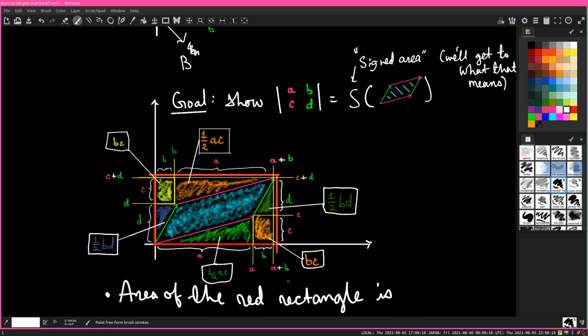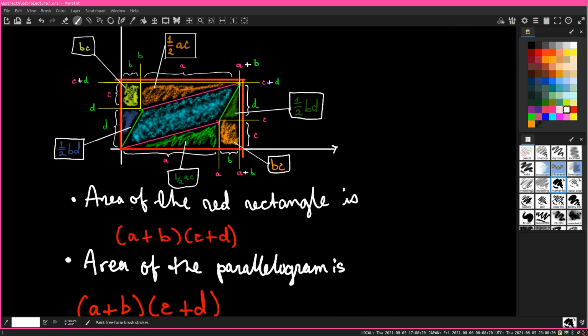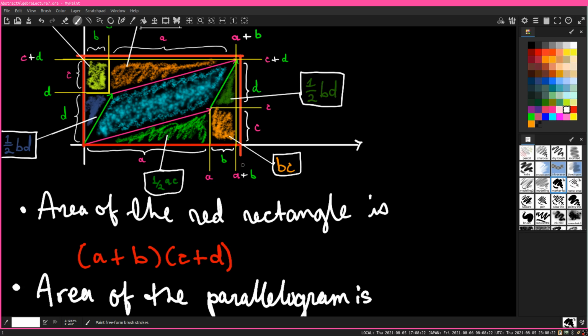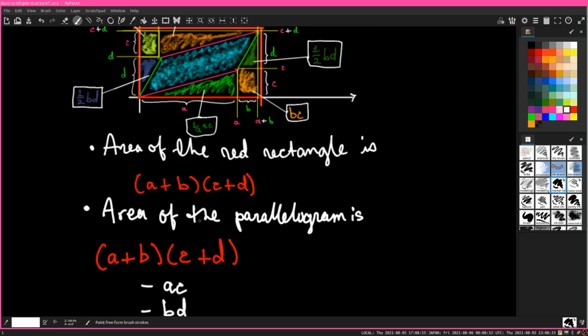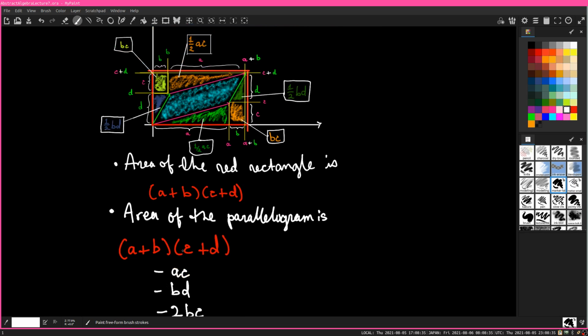All right, here's me doing it. The area of the red rectangle: this coordinate here is a plus b, and this coordinate here is c plus d, so it's (a plus b) times (c plus d). The area of the parallelogram is (a plus b)(c plus d) minus ac, since we get half of an ac from this green triangle down here and half of an ac from the orange triangle up here.